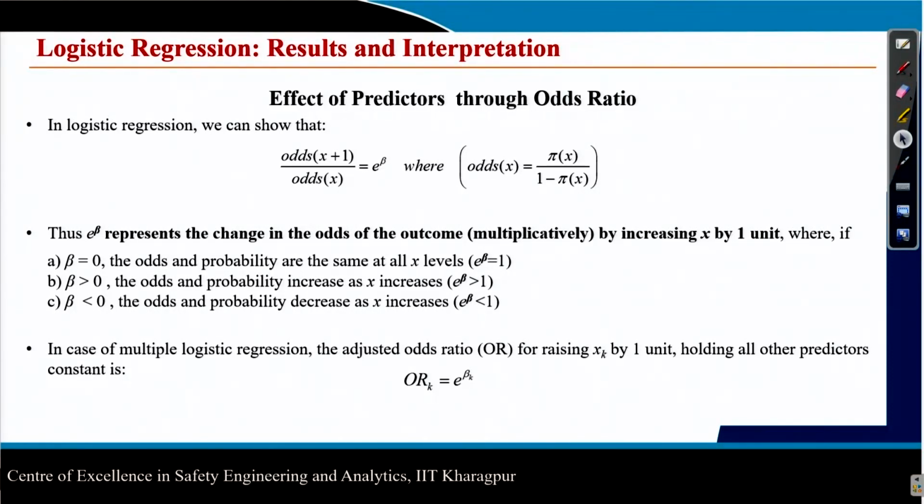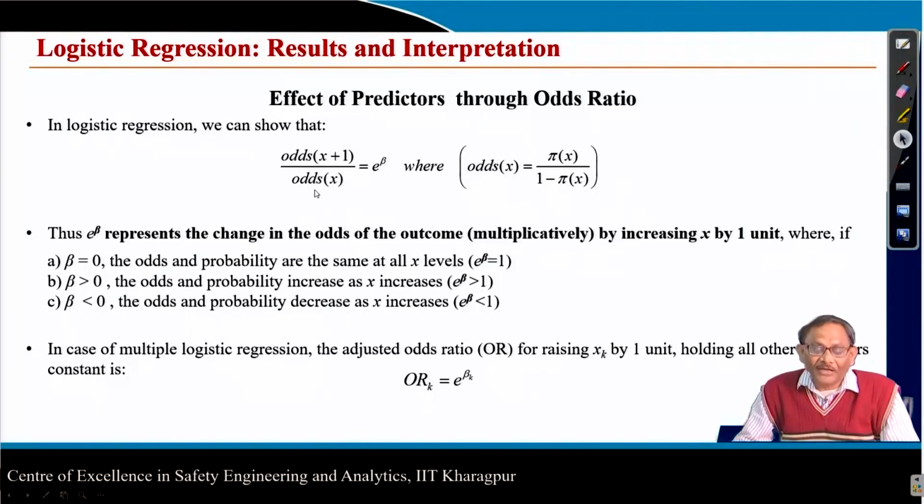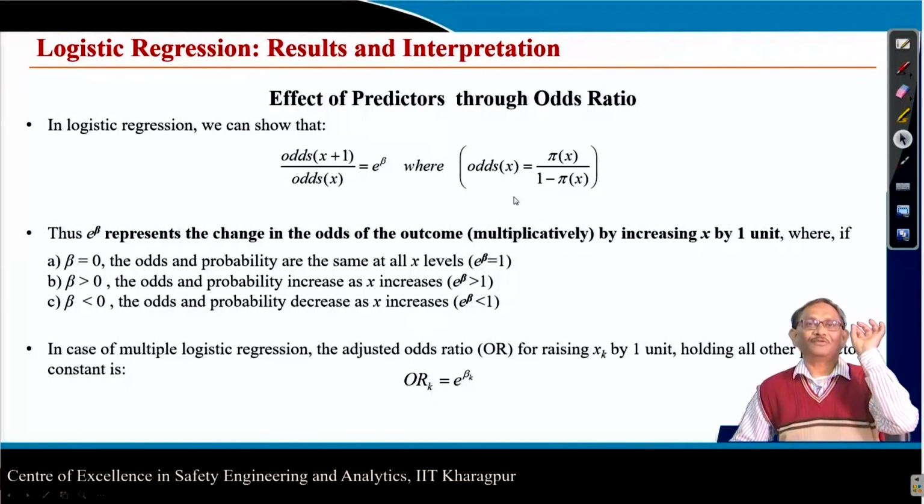If we take the ratio of odds of x plus 1 by odds of x, that becomes the odds ratio. It will give you, if you change the predictor variable value by 1 unit, the change in the ratio of probability of presence to probability of absence, that is the odds ratio.